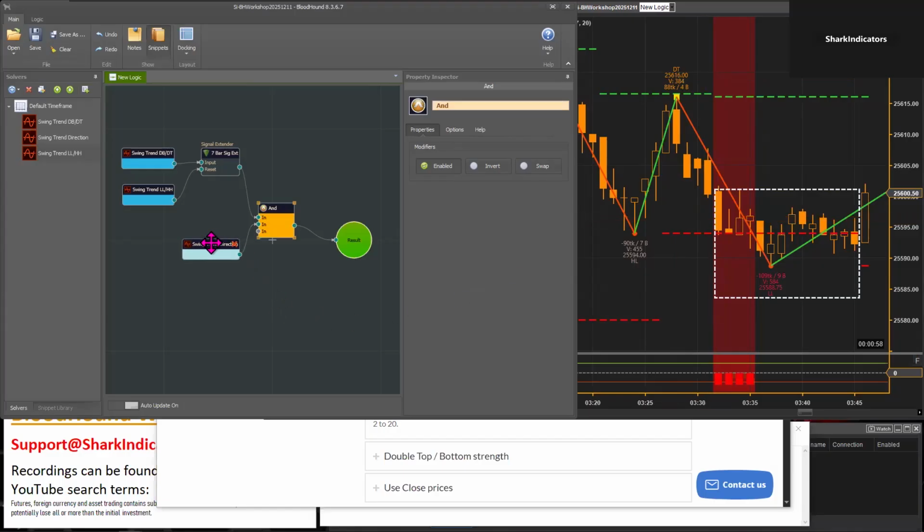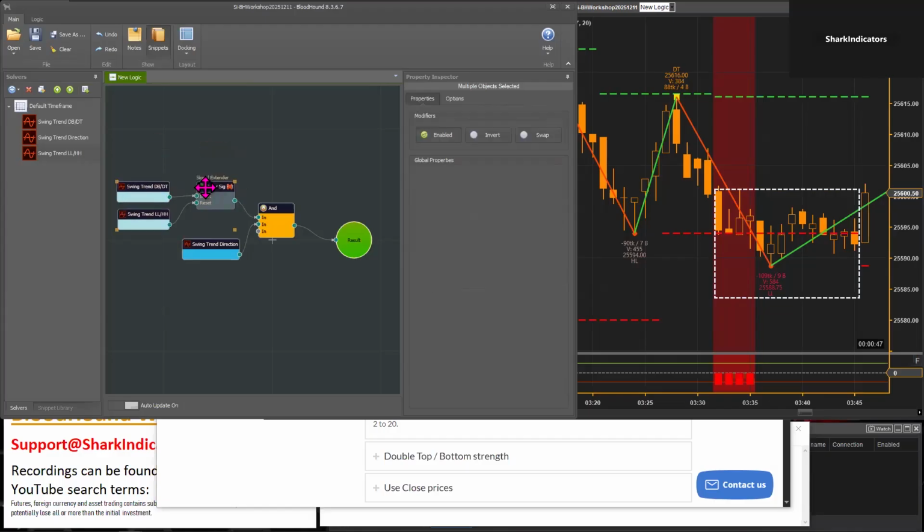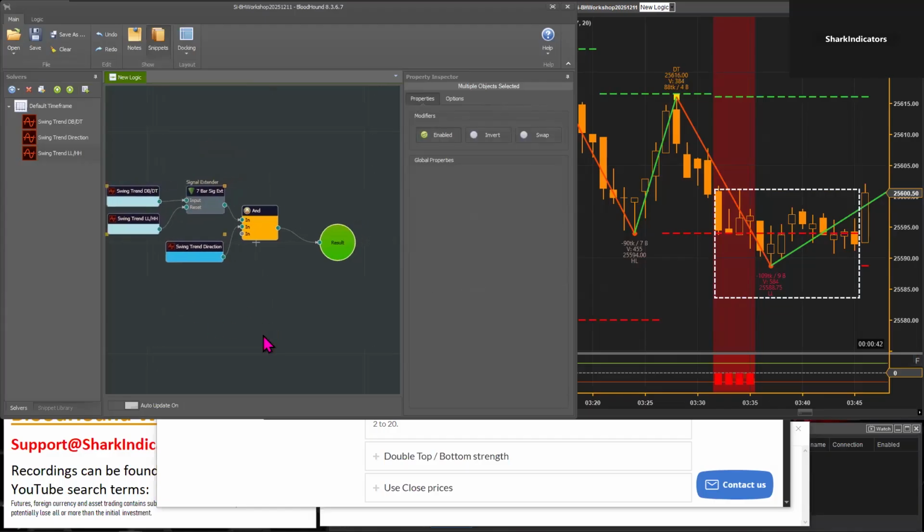Now, if we want a nice clean signal, organize this a little bit. There we go. So if we wanted a nice clean signal, why do we have 4 bars of output? Well, because this downswing only took 1, 2, 3, 4 bars.